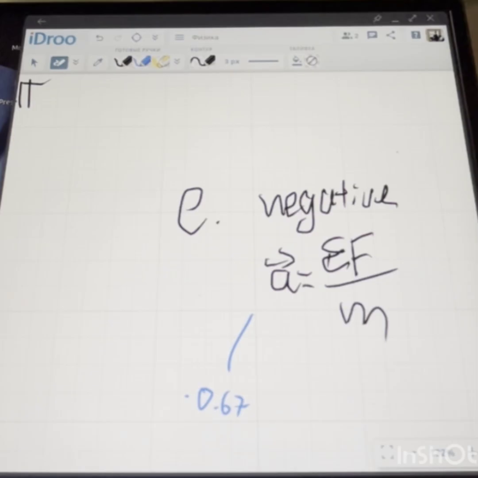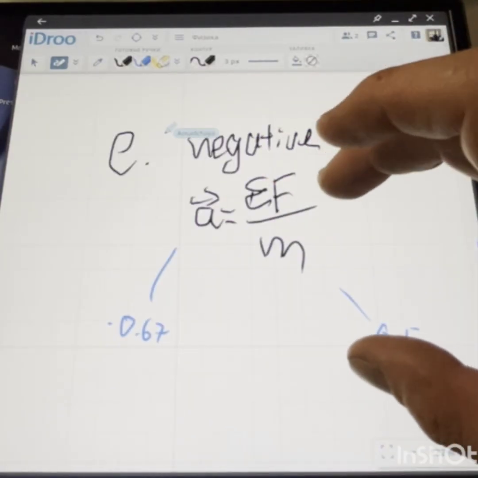And then mass is 0.5. Now we just multiply: net force equals 0.33. Oh, yeah, 0.33. You're so right.